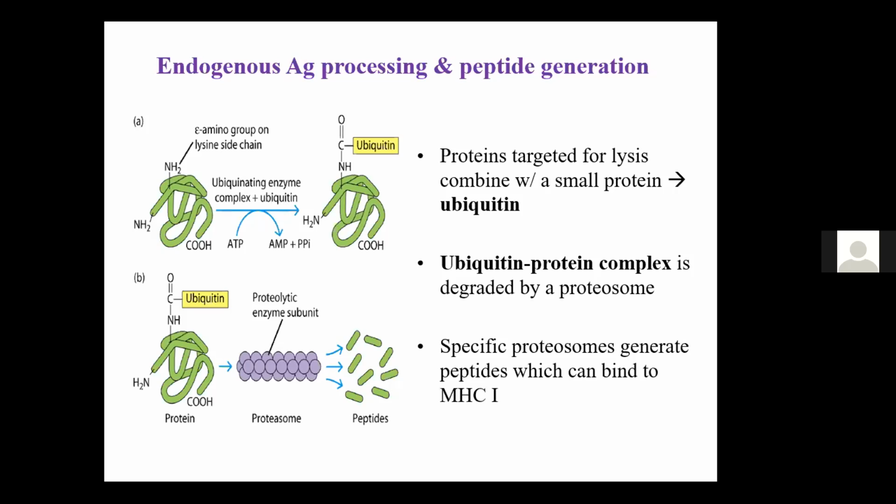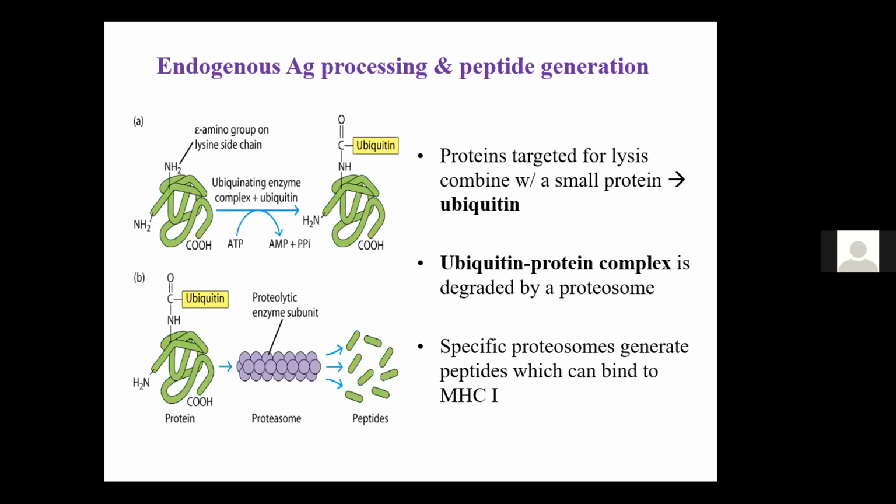Of course, this requires some level of energy, and that's why you have the involvement of ATP. So the proteins targeted for lysis combine with ubiquitin, and that enables these smaller peptides to be transported to the next compartment.